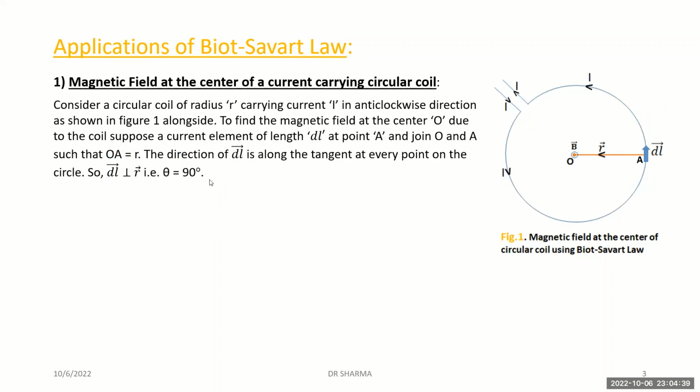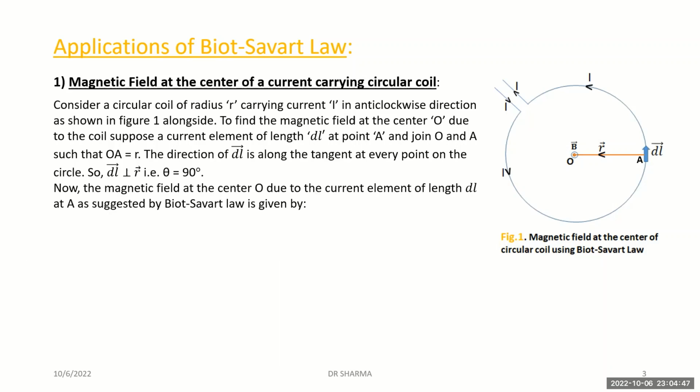Now the magnetic field at the center O of the circular coil due to the current element of length dl at point A is given by dB is equal to I dl sin theta upon r square, with the constant term mu naught by 4 pi.